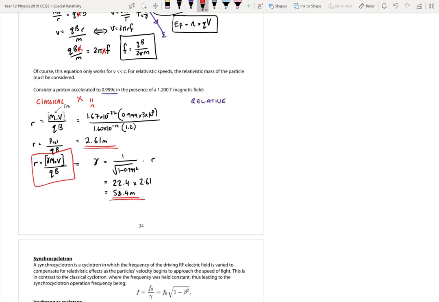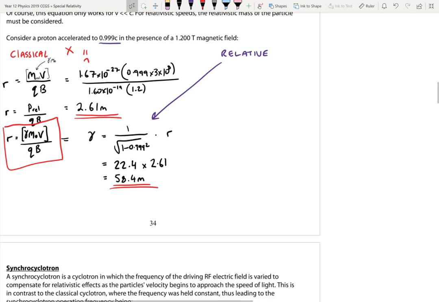So, in the last 5 minutes, I'd like you to now consider, if you have the space, that currently at CERN, protons have been accelerated to 0.99999999 7 4 c.